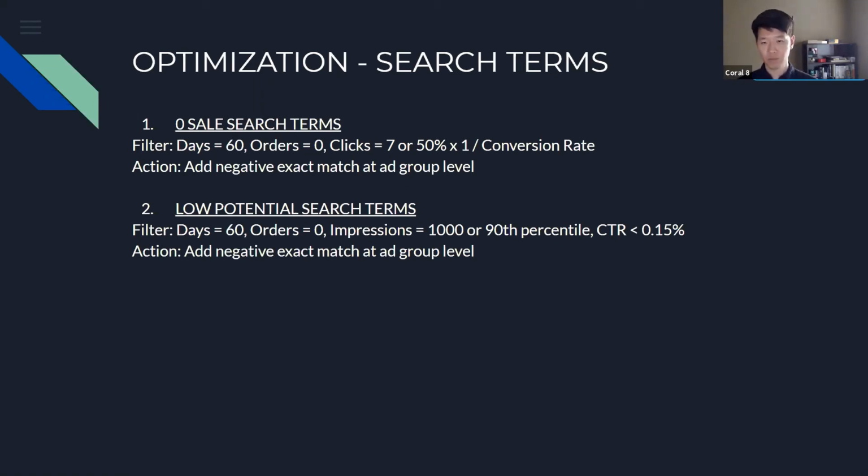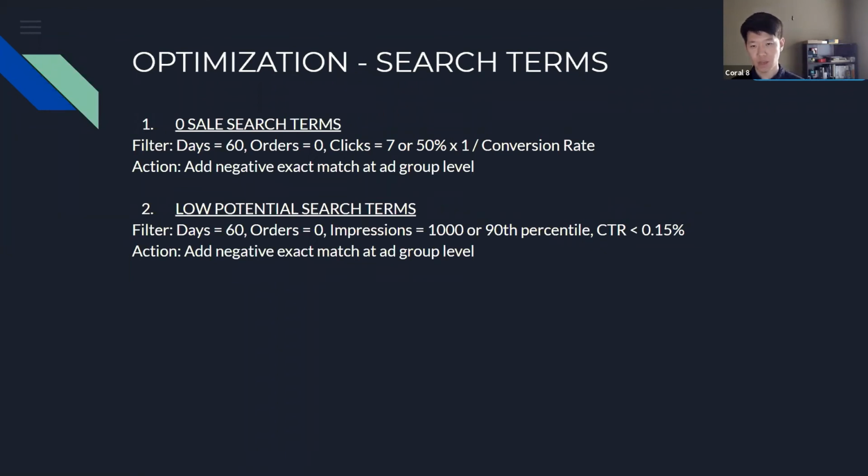The first criteria is search terms that have 0 sales. We'll look at the last 60 days, trying to find search terms that have 0 orders and at least 7 or more clicks. The action we'll take is to add those 0 sales search terms as negative exact match keywords at the ad group level.